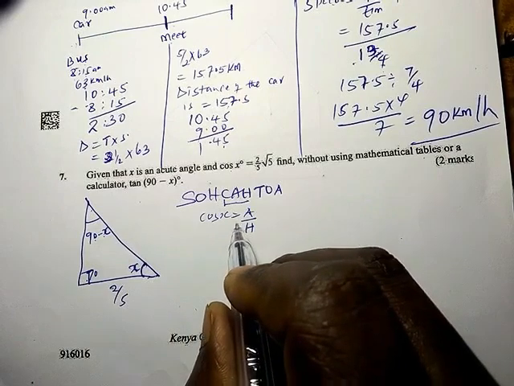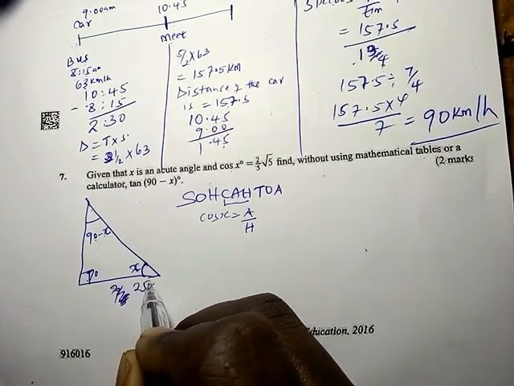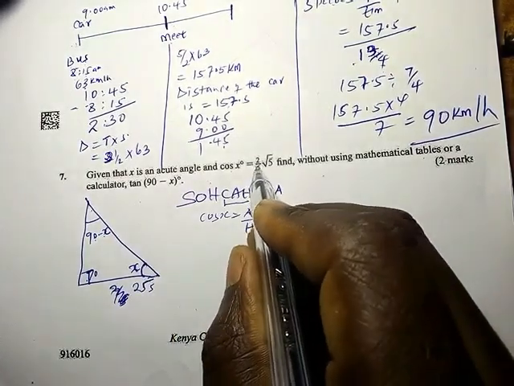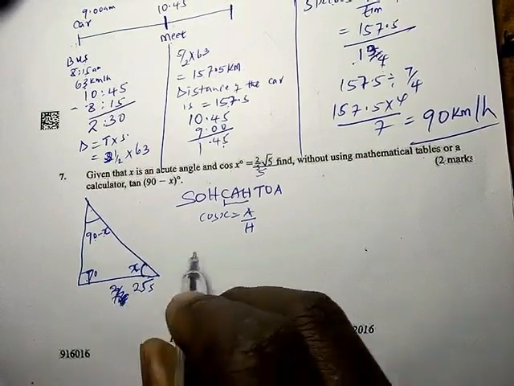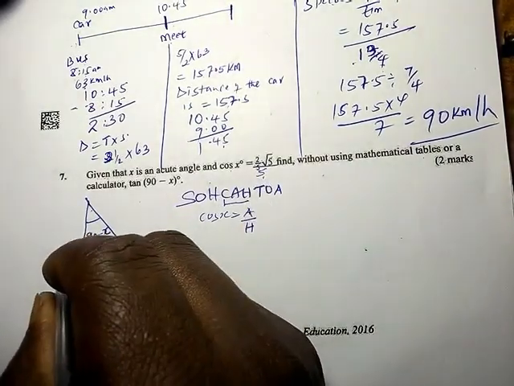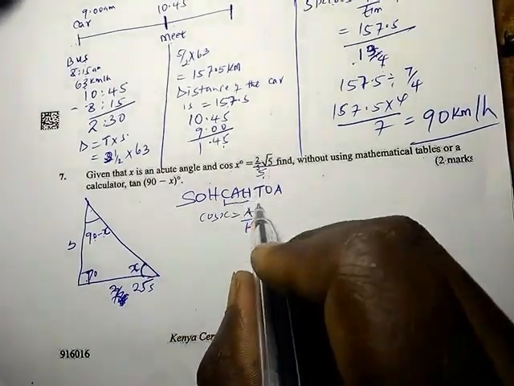And then the 2 root 5 is divided by 5. And then the down one is 5. The hypotenuse is 5.